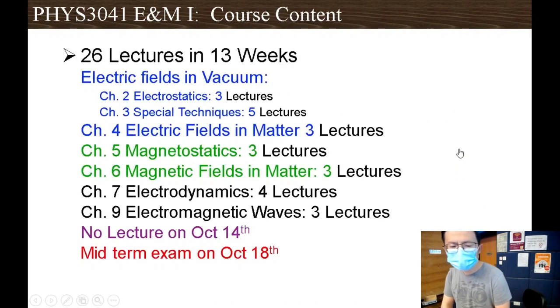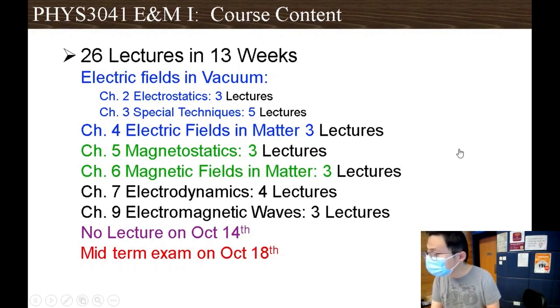There are about 26 lectures in 13 weeks. However, there is 1 day that's vacation, so it's only 25 lectures. If you subtract 1 midterm, there are only 24 lectures left. My tentative schedule at least is the following.